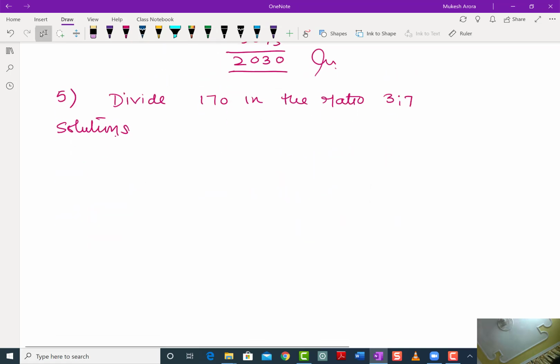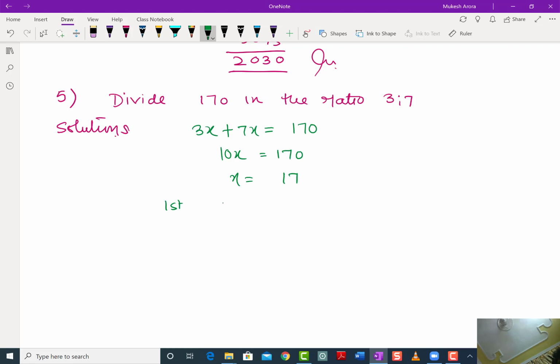So that means 3x plus 7x is equal to 170. 10x is equal to 170. x is equal to 17. The first number was 3x, second was 7x. 3 into 17 is 51 and 7 into 17 is 119, right? So these are the two answers.